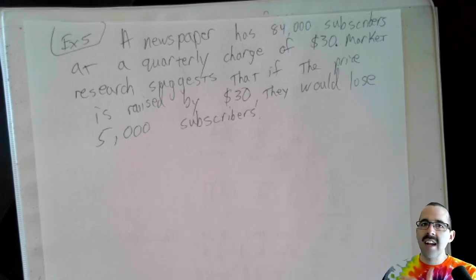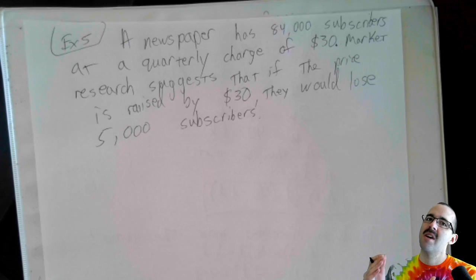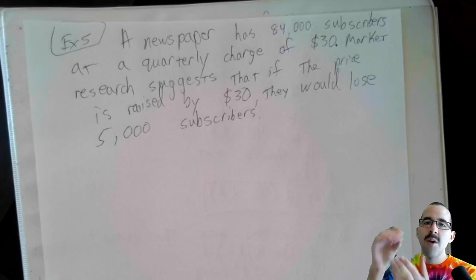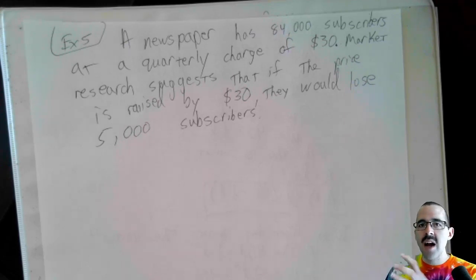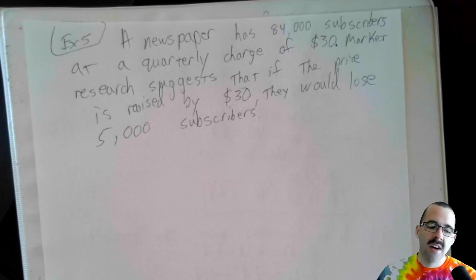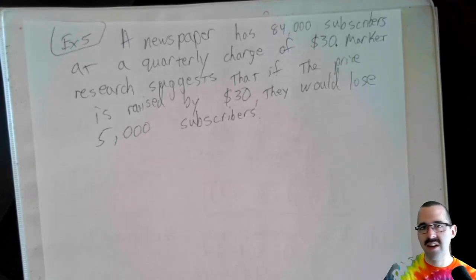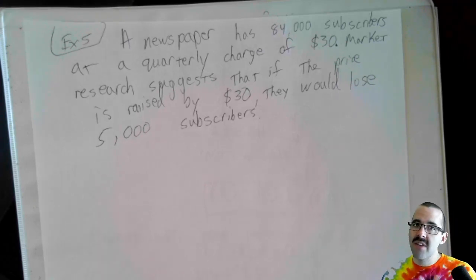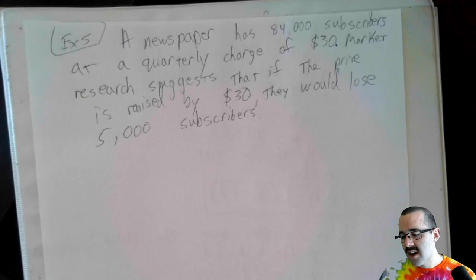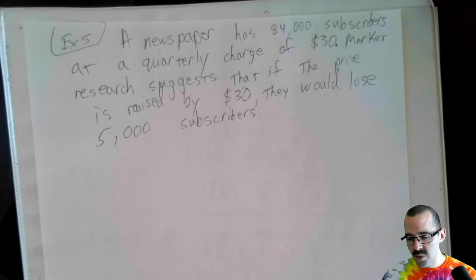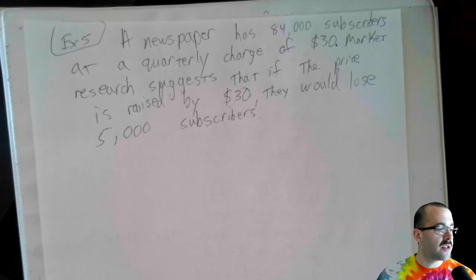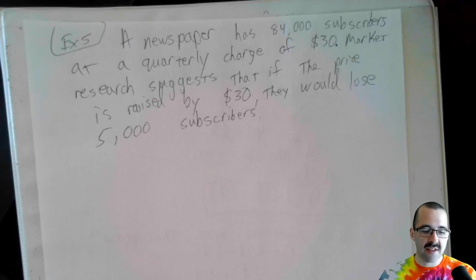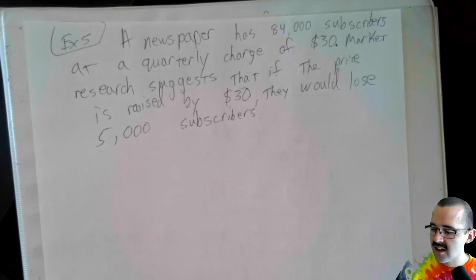So in deciding how much you want to charge, you're trying to optimize how much money you make per unit, but also how many people are buying your product. A lot of times, through simple models, that can be modeled through a quadratic equation, as we are going to talk about. And you want to find the maximum profit that you can get. Math is really a great way to use this information to maximize your money.